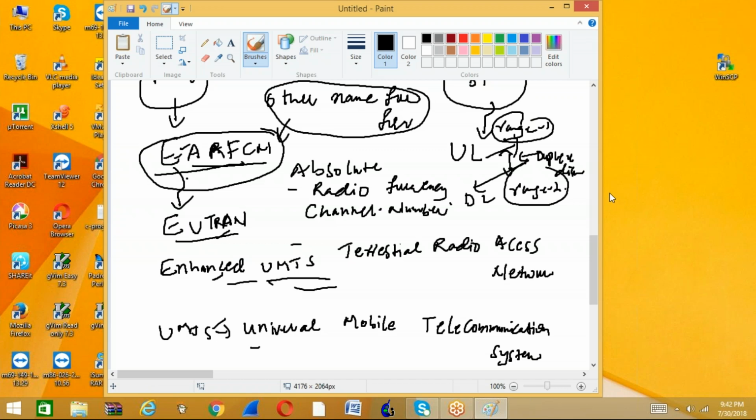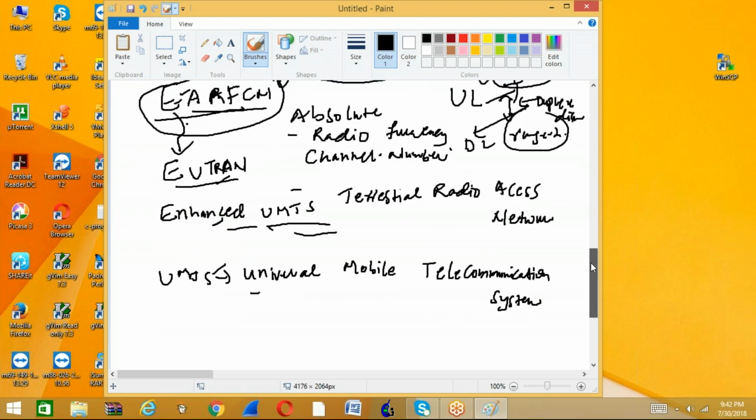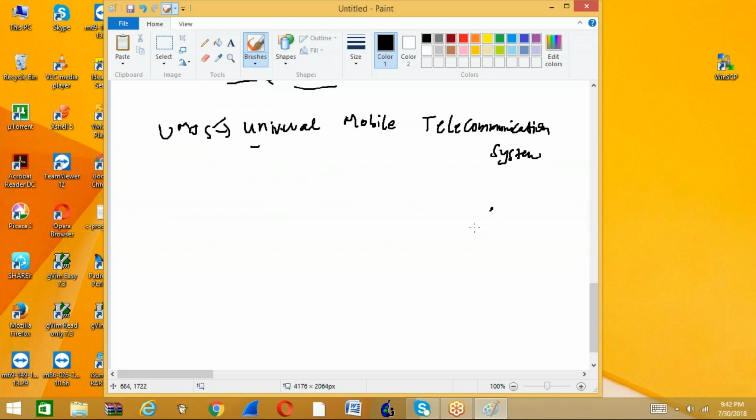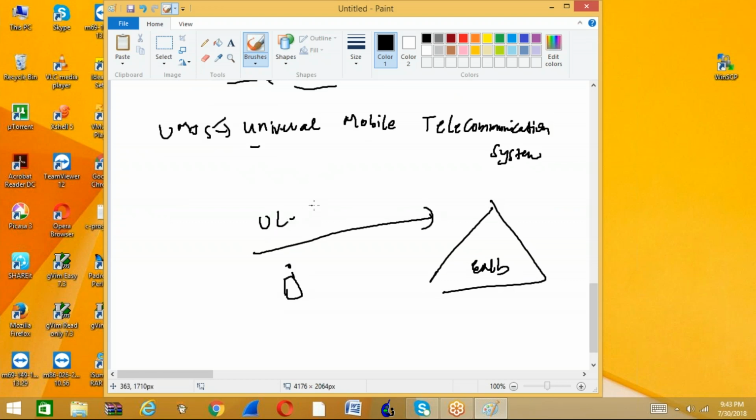So generally when we talk in terms of LTE terminology, this is your base station, this is your UE. UL frequency is called UL EARFCN, and DL frequency is called DL EARFCN. This is how it works out.